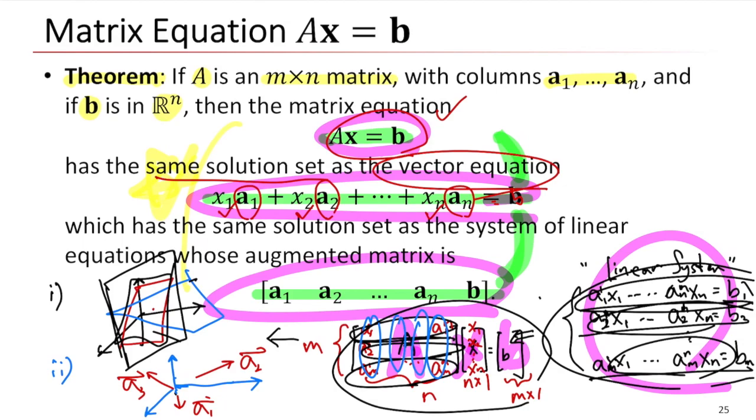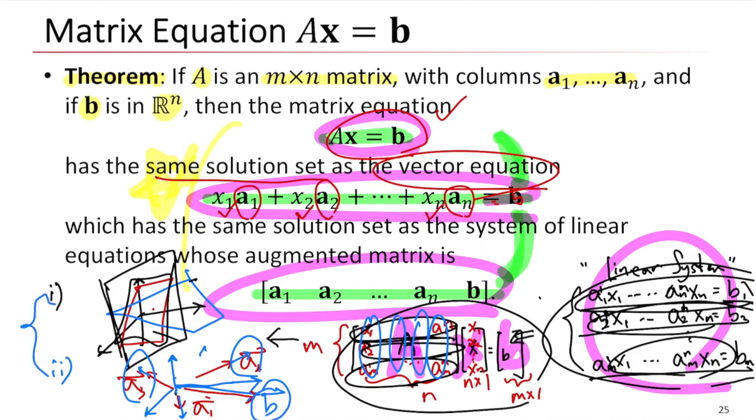Finding a solution of this Ax equals b is to find the coefficient or magnitude of each vector that makes this vector b by combining these vectors. So this is the column interpretation of the Ax equals b.